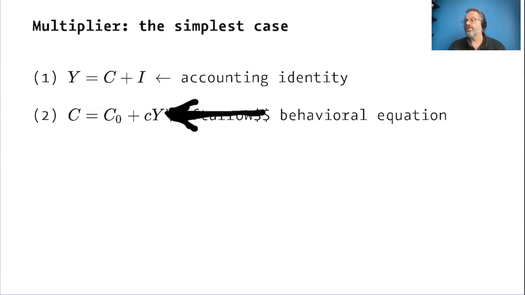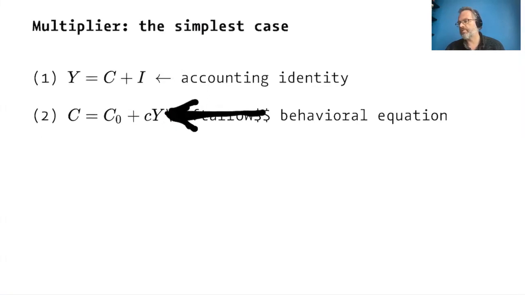Because when you reduce your consumption spending, that's reducing somebody else's income. When their income goes down, they're going to reduce their consumption spending, but less than the fall in their income. Because that c is less than 1, the second fall in consumption is going to be less than the initial one. And the fall in consumption that gives rise to is going to be less than that one, and so on.